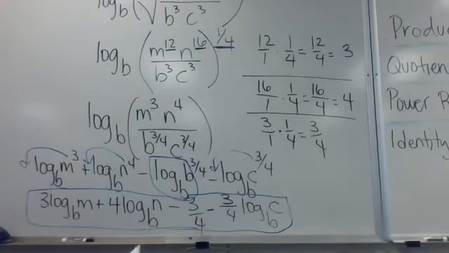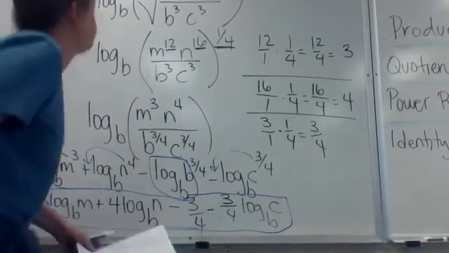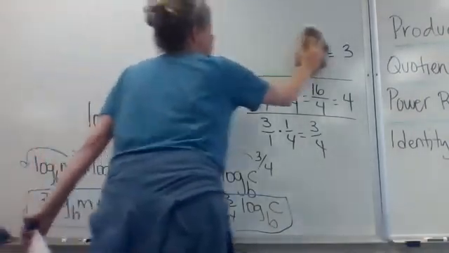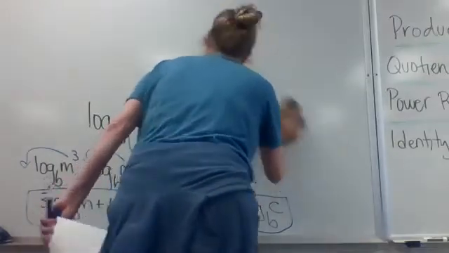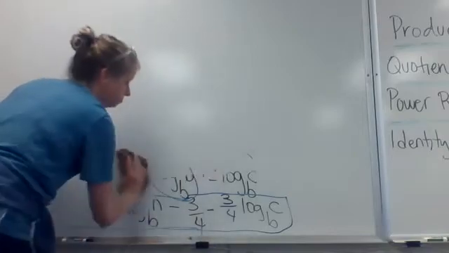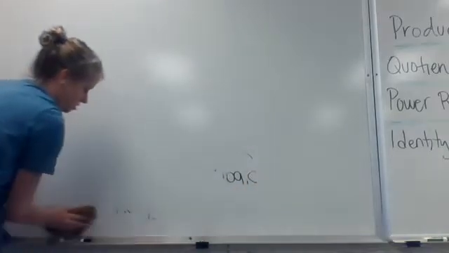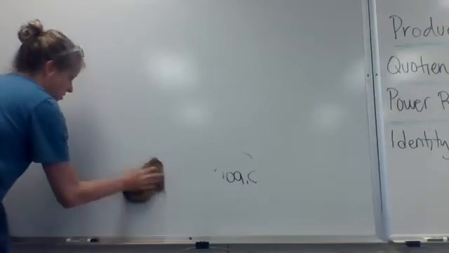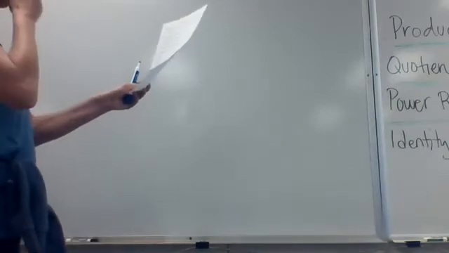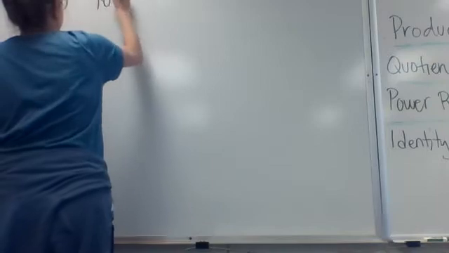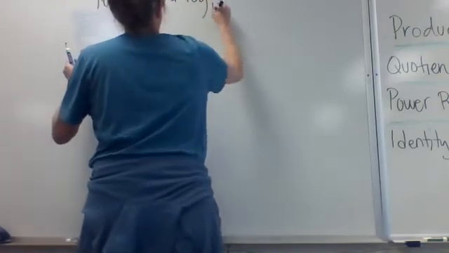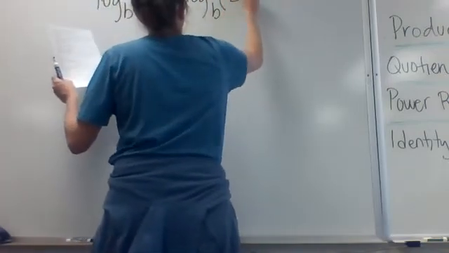All right, now we're going to be going the other direction. Starting with number 12, it says log base b of 19 plus log base b of 27.